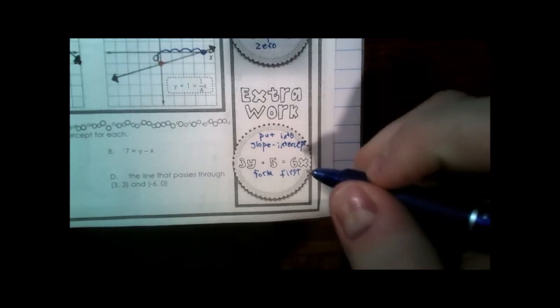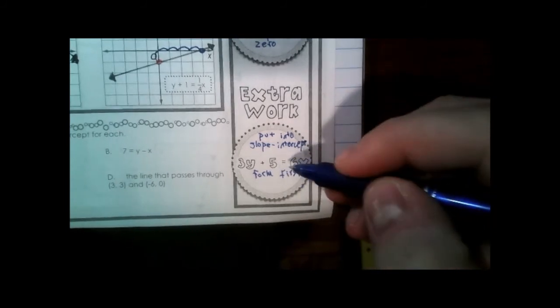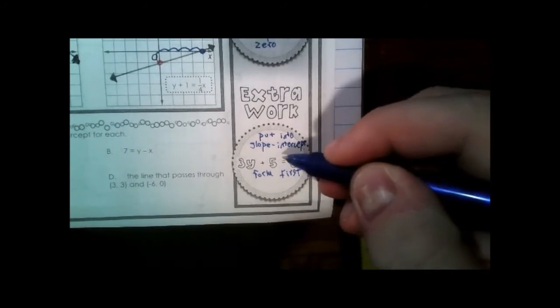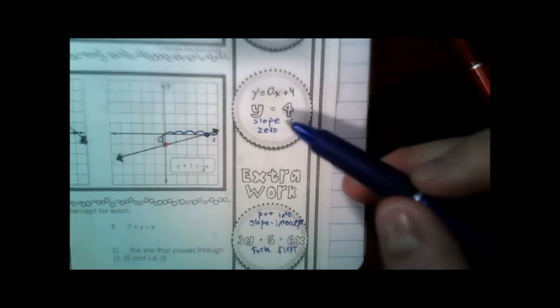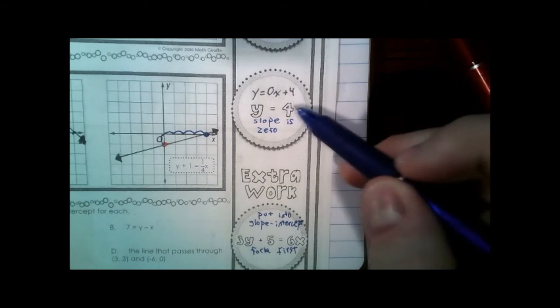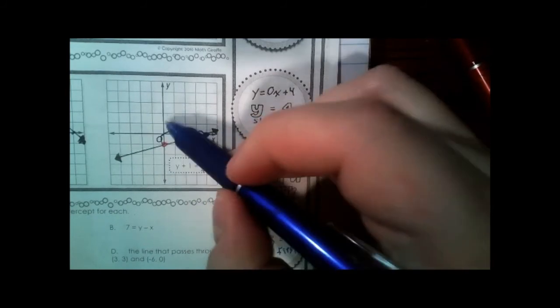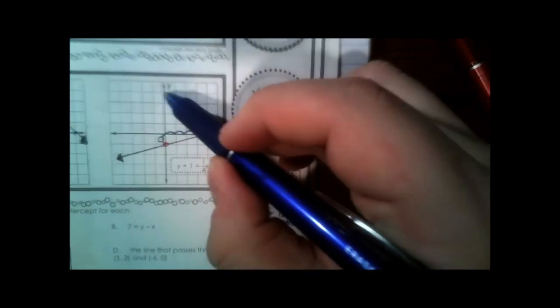Okay. So now when you see a problem like this, you can go back to this page and it'll say put into slope-intercept form first. If you see a problem like y equals 4, you go back to your notes and say, oh, this just means the slope is 0, but the y-intercept is still 4. Right, so it would go through here as a horizontal line.